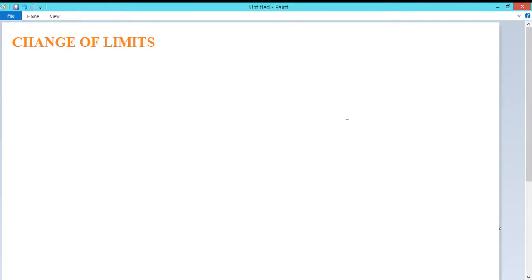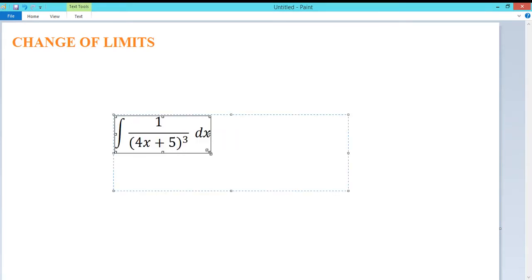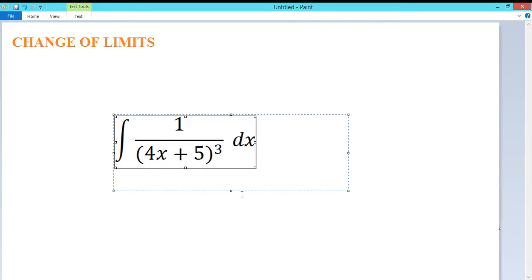Yesterday we looked at how to perform indefinite integration using substitution. We have come to apply the idea in change of limits. What it just means is that yesterday the questions we were tackling, an example of such a question, is an indefinite integral.